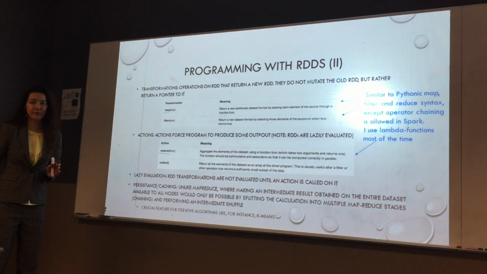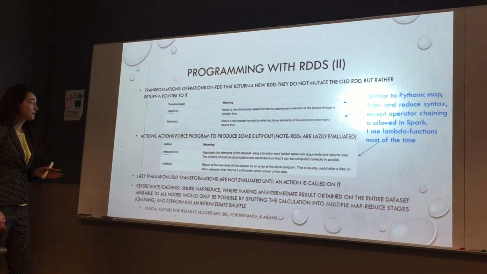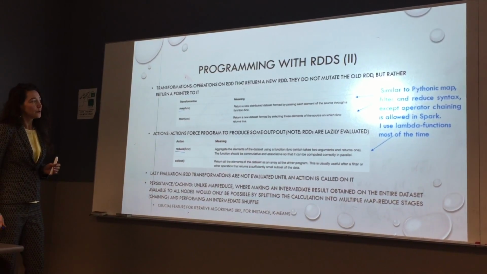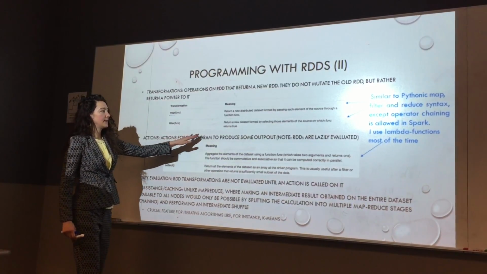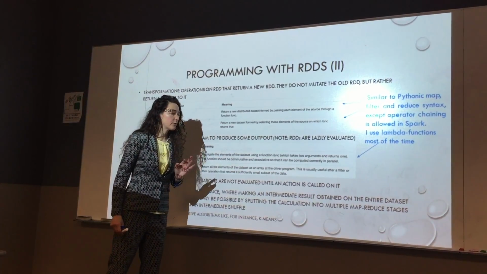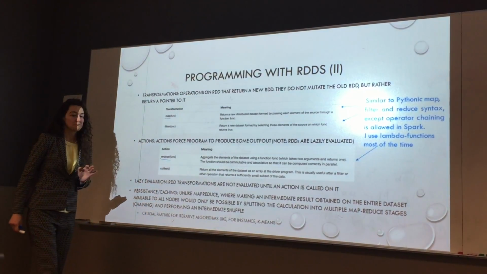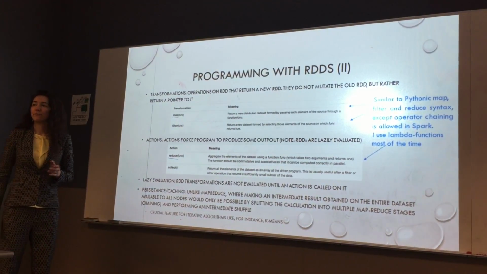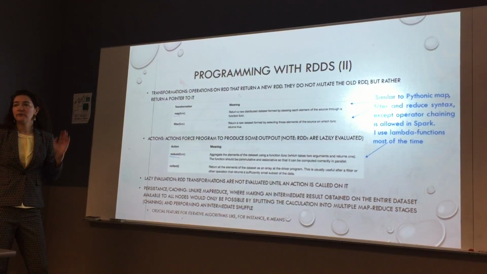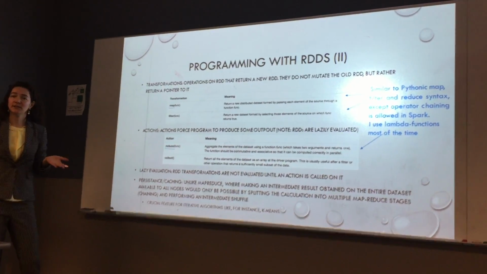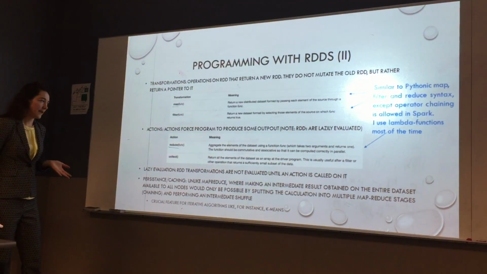There are, though, other functions that it has. There is filter. So it's going to take the original data set and do some filtering through it. Let's say we are looking for people of a specific age. It's going to filter through and create a new data set of the people of that age.